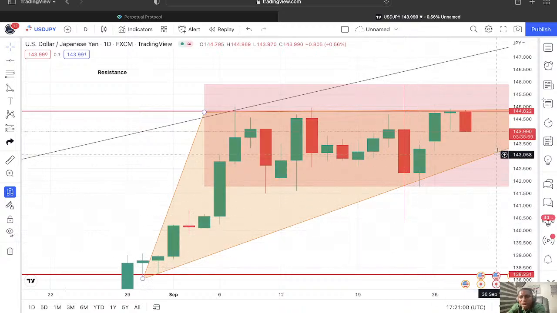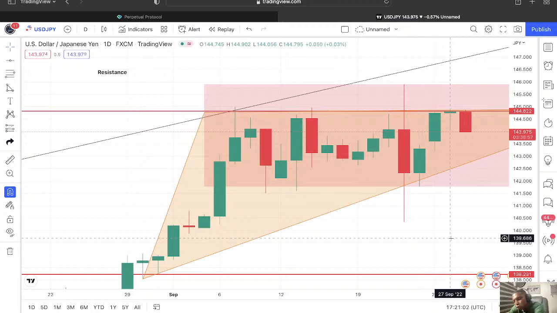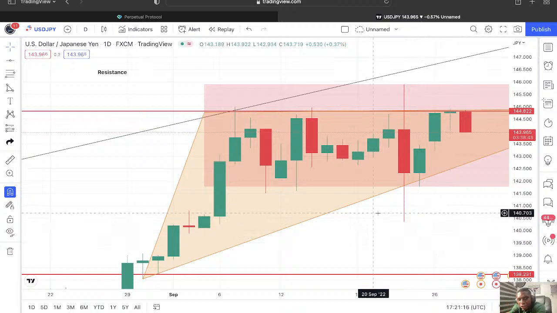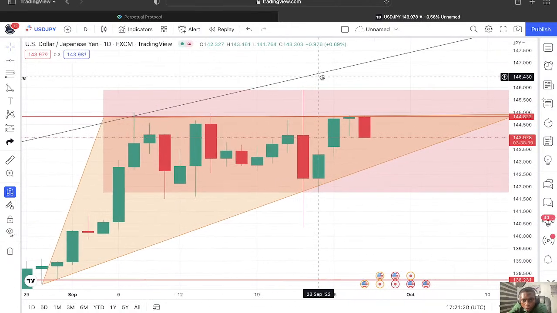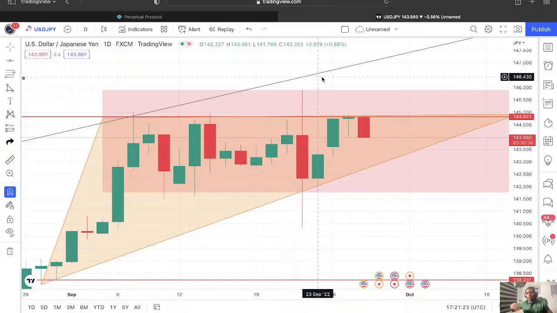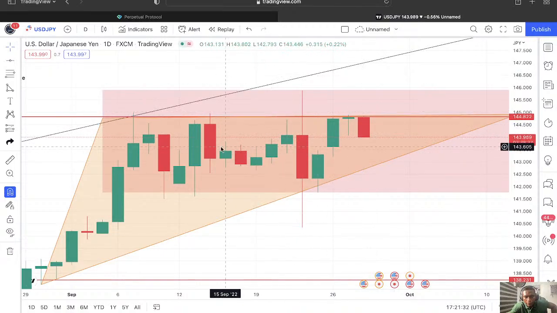The more price touches that zone, the weaker that zone becomes. I say it again. The more price touches a particular zone consistently, the more that zone becomes weaker. So you look at this.